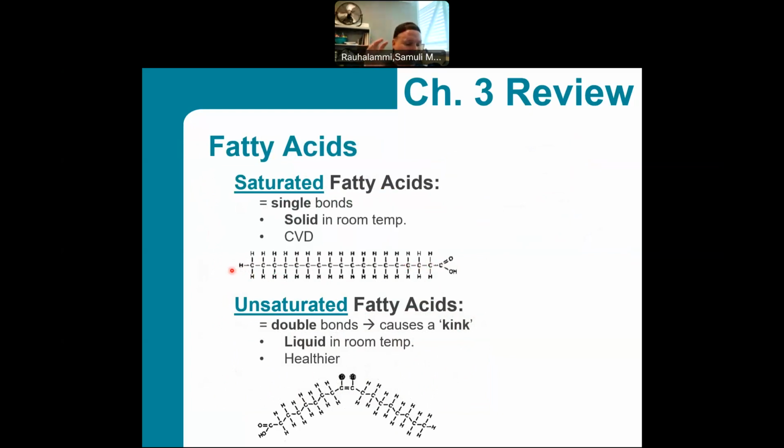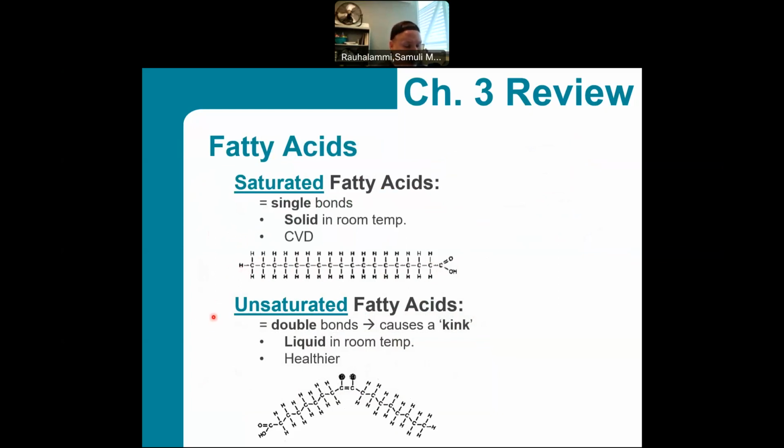We do know from research that saturated fatty acids are associated with a higher cardiovascular disease risk, so they're considered not as good a source of fats for our body. So we're trying to move away from consuming saturated fatty acids.